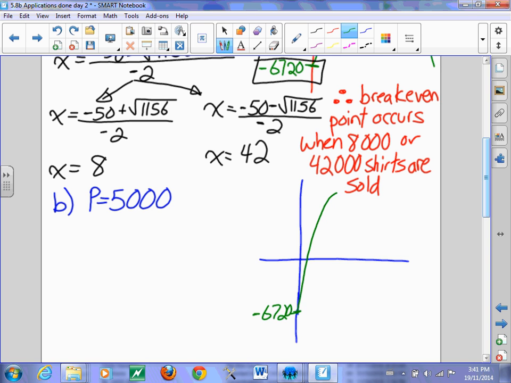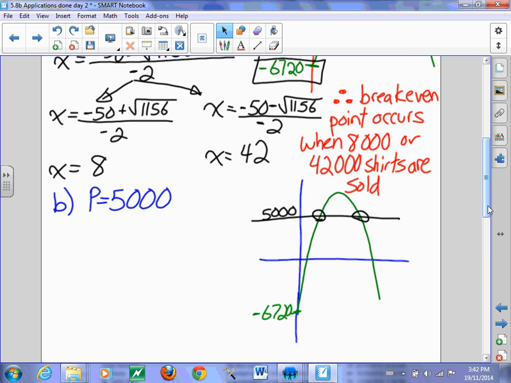We go up and come back down. Okay? And we're hoping that if we sub in here, we're going to get a profit of 5,000. As soon as we sub that in, folks, we're no longer finding the zeros. We're actually finding the intercepts. Okay? But it's the same process.